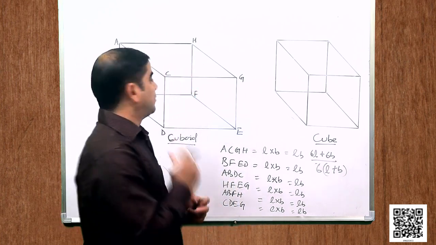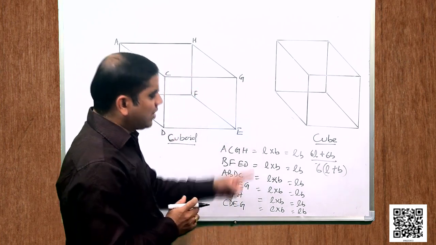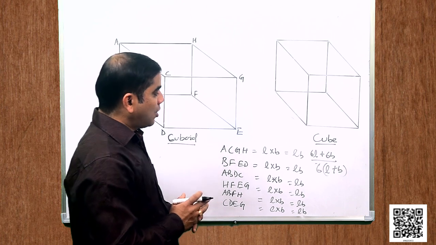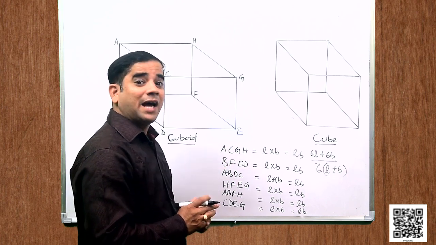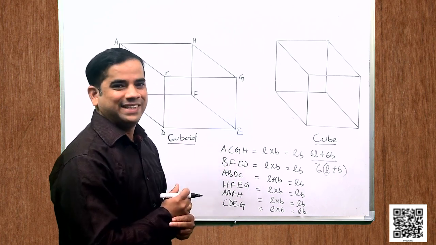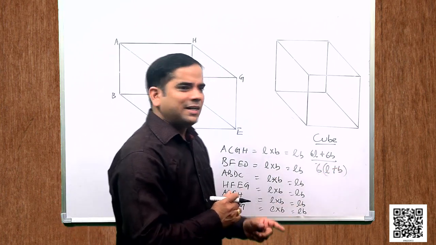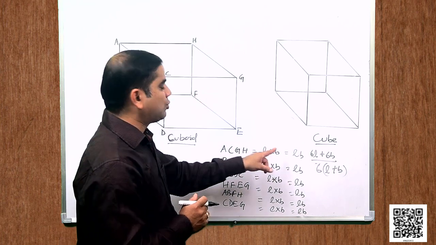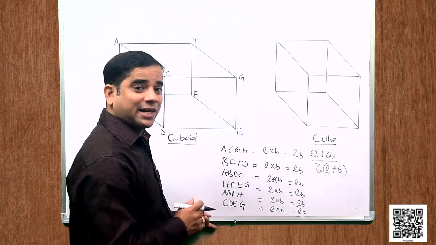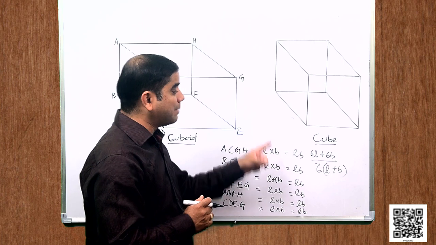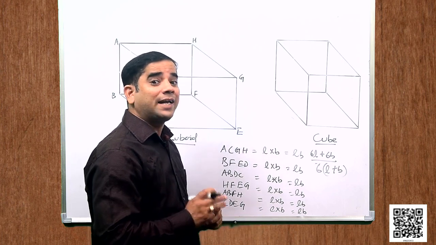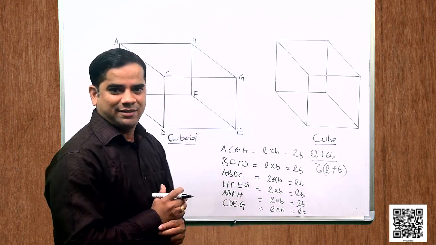So 6 into L plus B. But remember one thing, it can only happen when all the lengths and breadths are equal, isn't it? We have length into breadth as area for each rectangle, but these lengths and breadths are not equal for each rectangle.